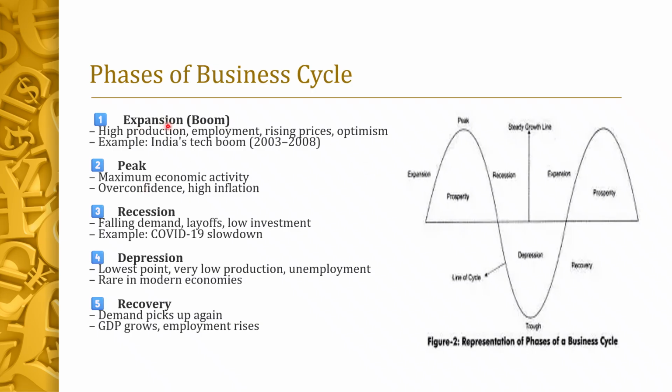So the very first phase is the expansion phase, or we also call it the boom phase. You see here in the graph, we are expanding, we are moving upward. During expansion, what happens to the economic activity? It rises. When we say economic activities are rising, that means the GDP is increasing, there are more jobs in the market, and demand is high.